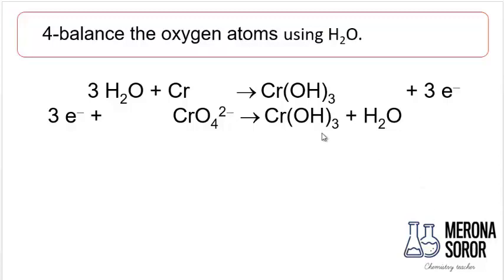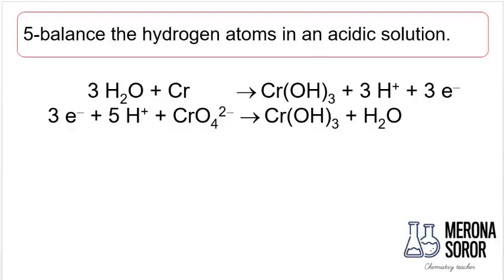In the first equation, we have 3 oxygen atoms in the product, so we put 3 water molecules in the reactants. In the second one, we have 4 oxygen atoms in the reactants and 3 in the product, so we put 1 water molecule in the product.